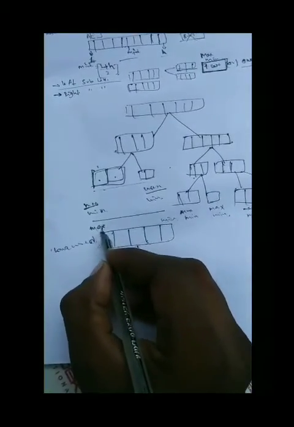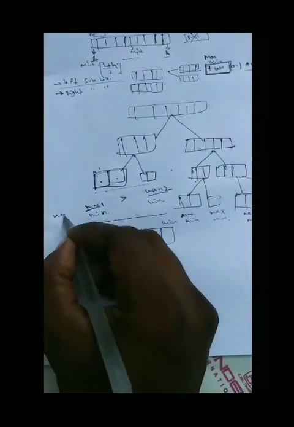Here we compare the maximum element from this list and the maximum element from that list, and we take the greater one. Consider this is max 1 and this is max 2; whichever is greater is taken. If max 1 is greater than max 2, then max 1 is returned.